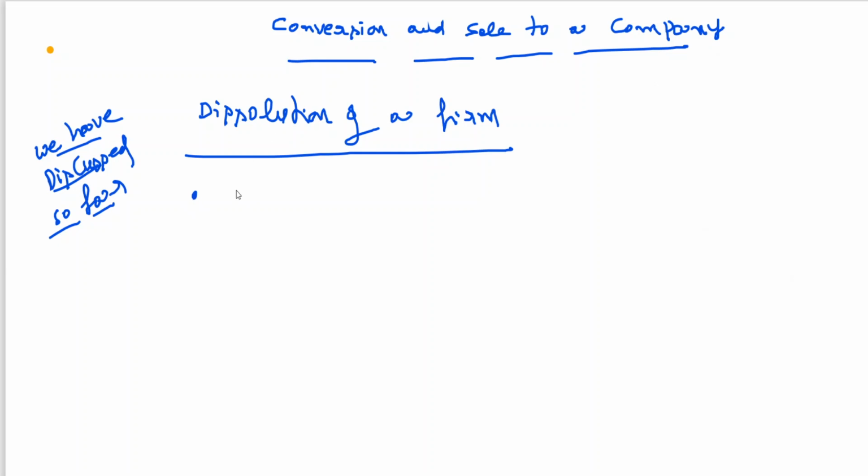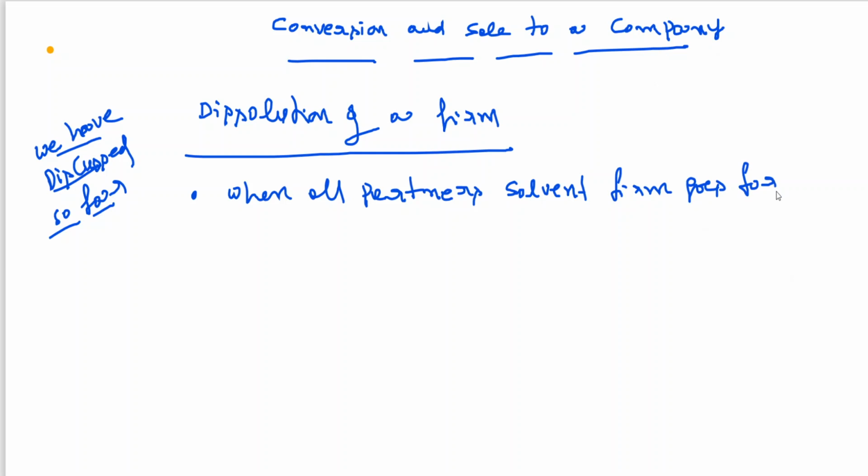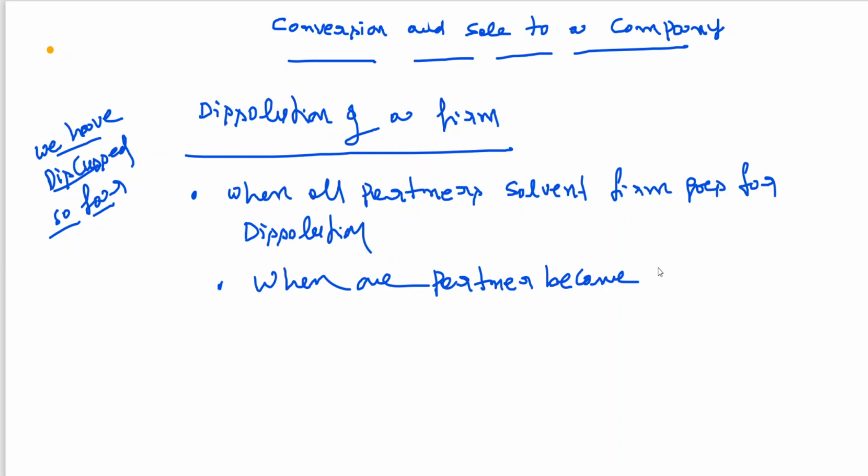Dissolution of firm. In this, when all partners are solvent, the firm goes for dissolution. Then one partner becomes insolvent, the firm goes for dissolution.